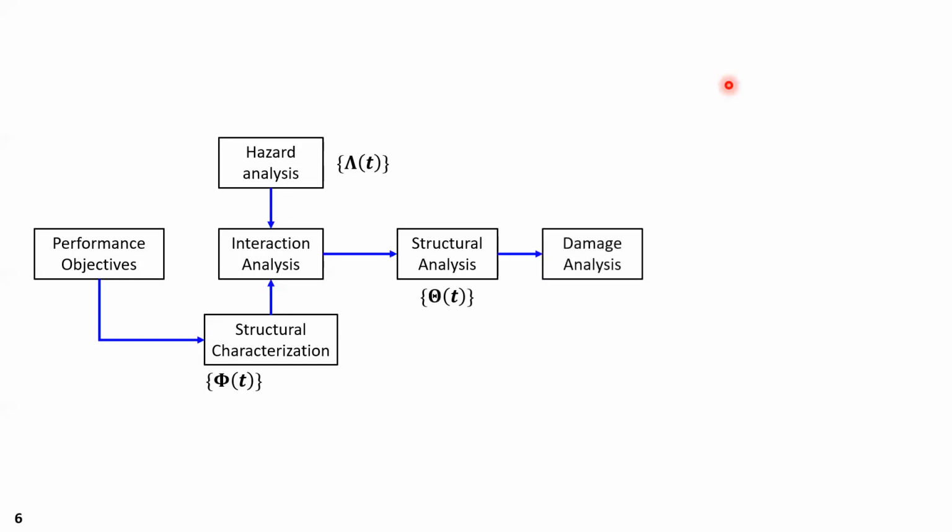With these demand parameters, we can follow with the damage analysis of the system, where we define the vector delta that will tell us if the structure has surpassed certain levels of damage based on the demand and the resistance.